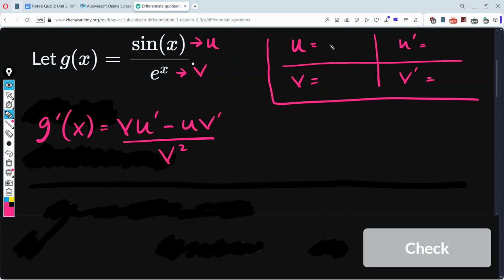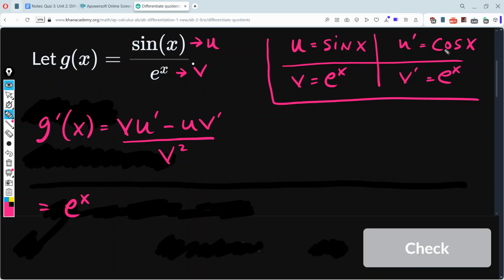Okay, the u is sine of x, and we know the derivative of the sine is the cosine. The v is e to the x, and we know from a previous exercise the derivative of e to the x is just e to the x. So v is e to the x.